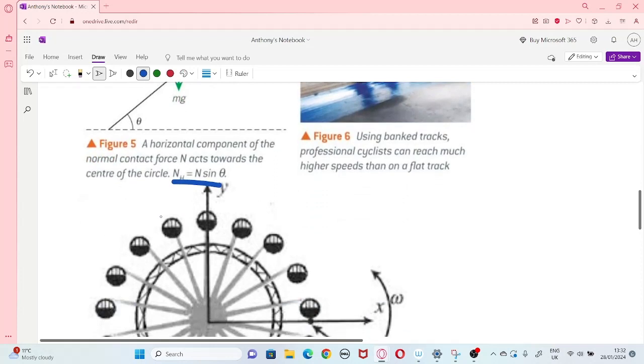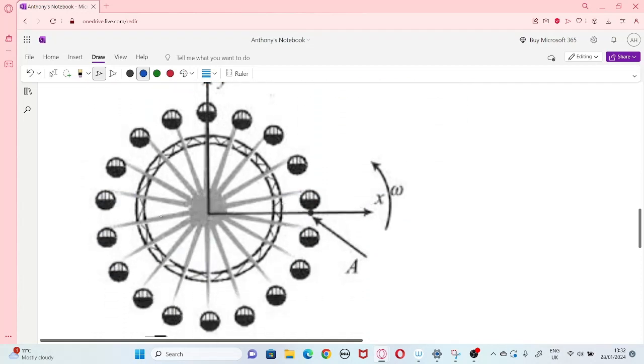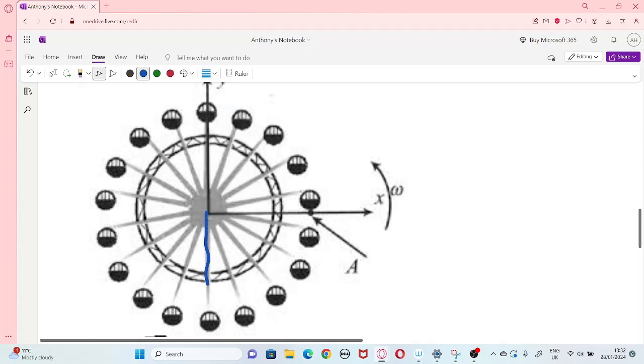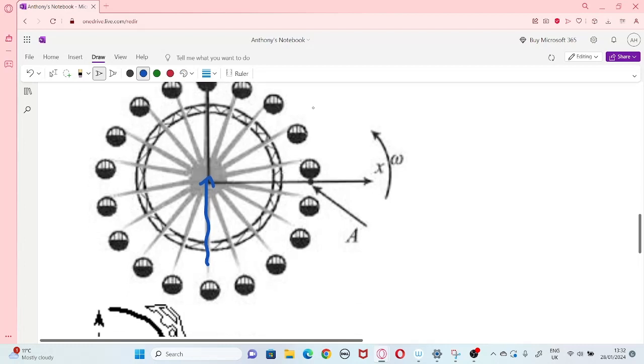The next thing is the Ferris wheel. At the Ferris wheel, there's going to be a resultant force acting towards the center. However, if you're a person in the Ferris wheel, there's a weight mg going down, and there has to be a normal reaction force going upwards.